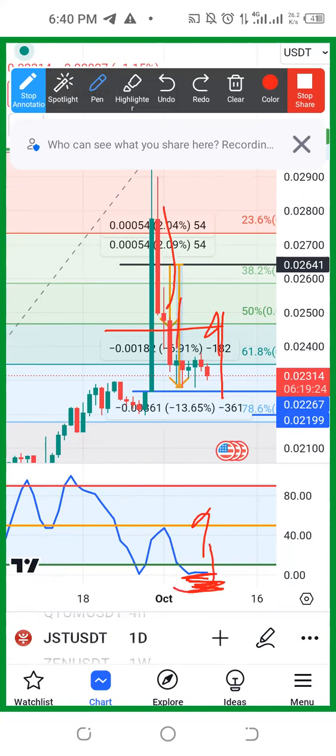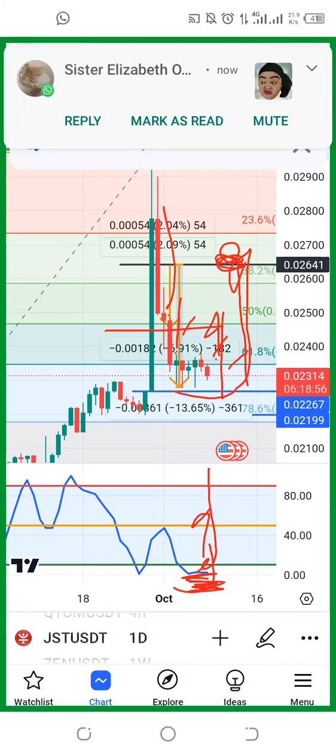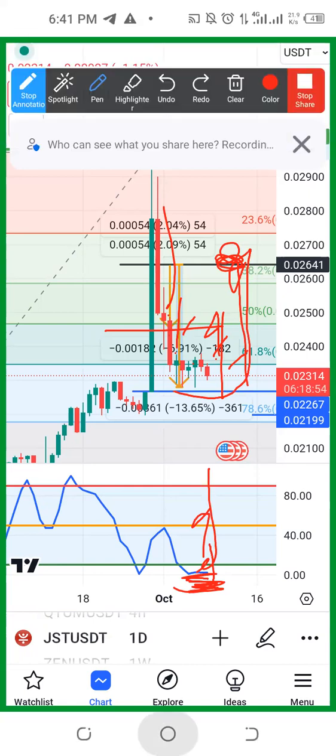It might take a long time, as I'm seeing this coin. It can take about 5 to 7 days for it to come back to this place. That's my projection, because it has taken almost 8 days for it to come down. So it might take another 8 days for it to come back up.